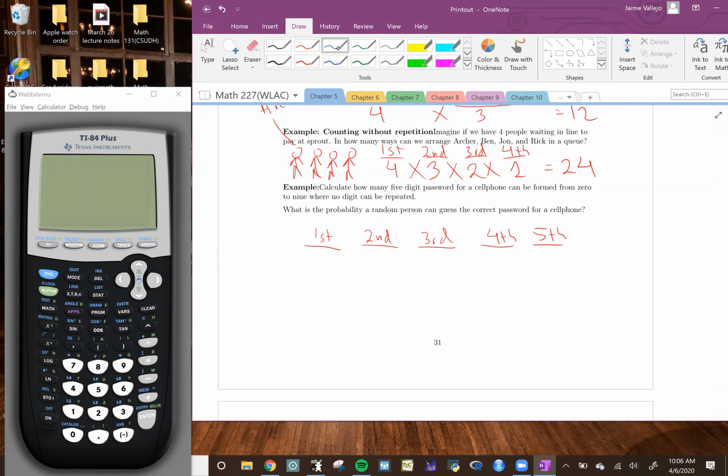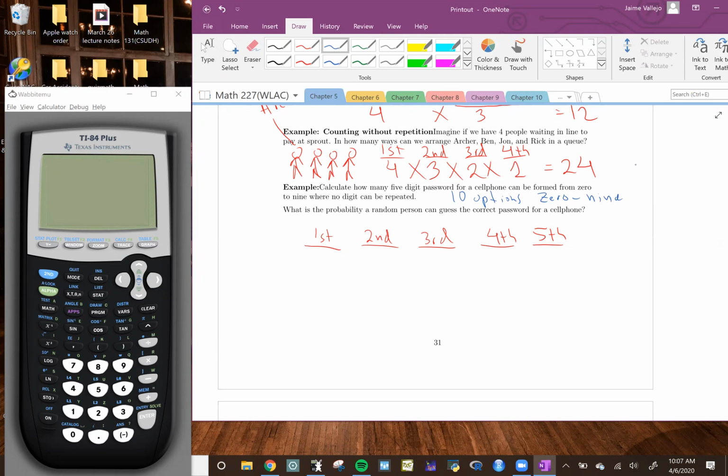All right, so from 0 to 9, how many numbers can we choose from? 10. Perfect. So you have 10 options from 0 to 9, because for this one, you also have to include the 0, so that makes it 10.